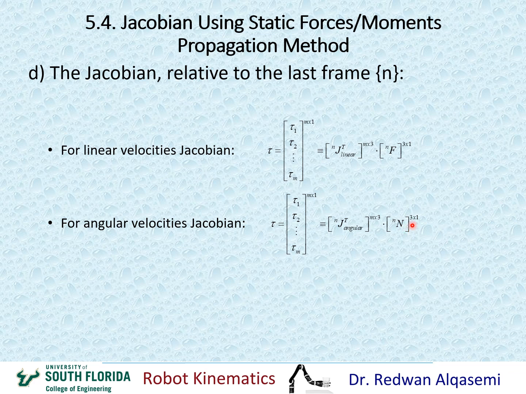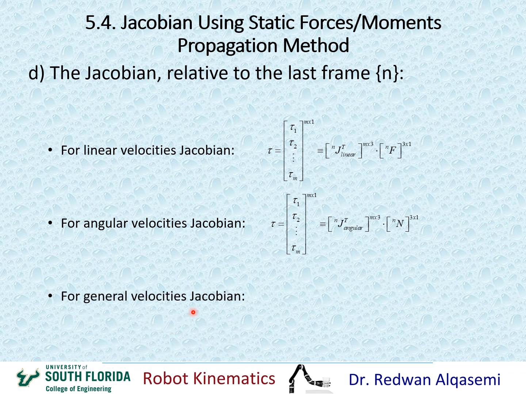Then we multiply this by a matrix that would represent the transpose of the angular Jacobian. Again, this would be the transpose, the way we find it, and we're going to see this in an example. Before the transpose, it will be an m by 3, where m is the number of joints. After we do the transpose, it becomes a 3 by m.